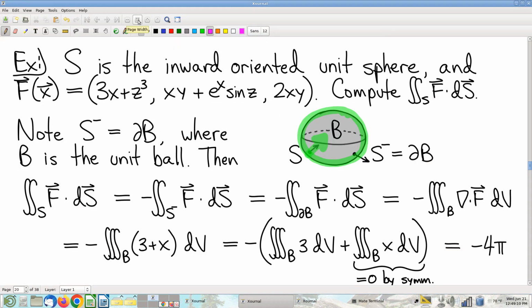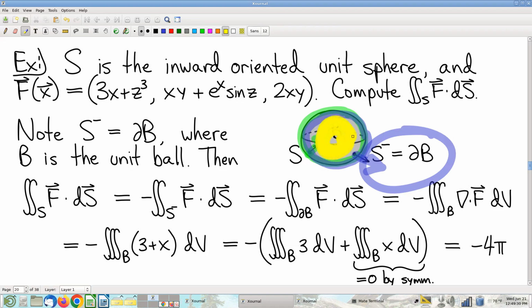We're going to observe that this is just the opposite orientation on that outward oriented sphere, which is exactly a boundary. That is a perfect textbook boundary of that yellow ball.